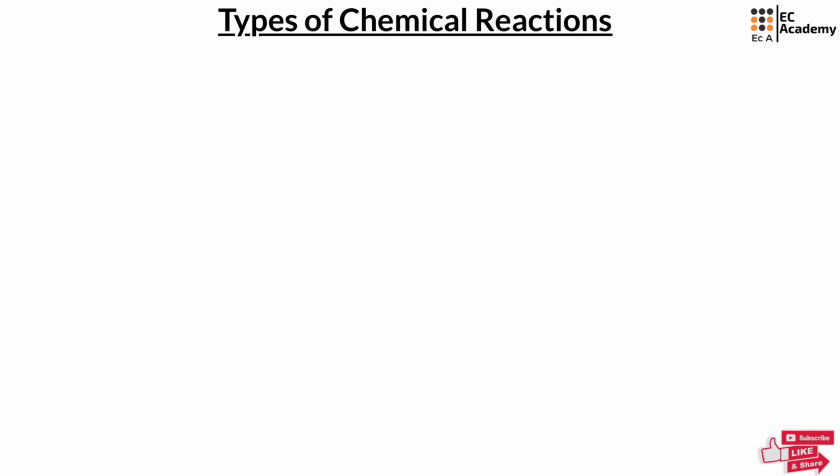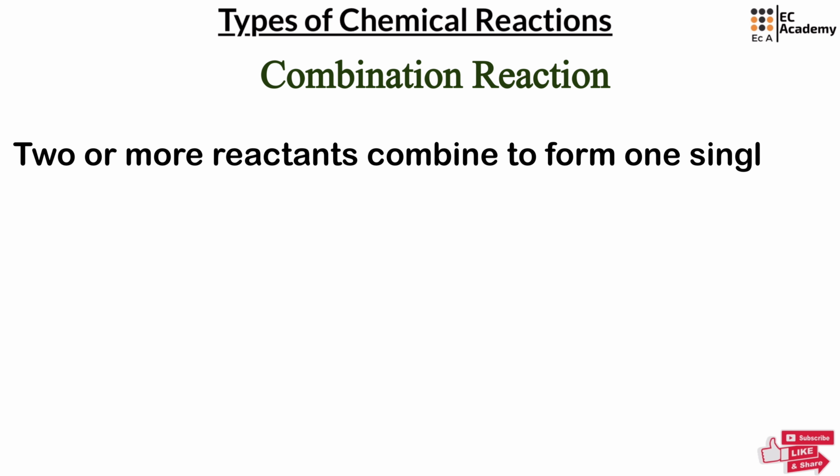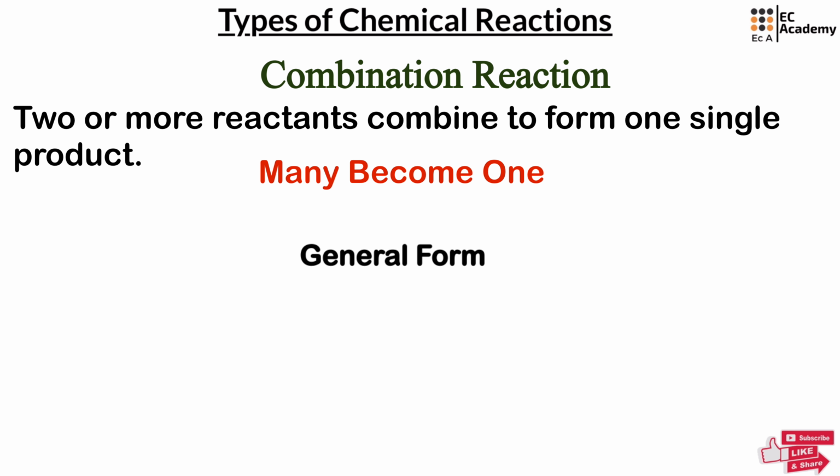Now, let's learn the 5 major types of chemical reactions. A combination reaction is exactly what the name says. Two or more reactants combine to form one single product. You need to remember this: many becomes one. The general form is A plus B will produce AB.